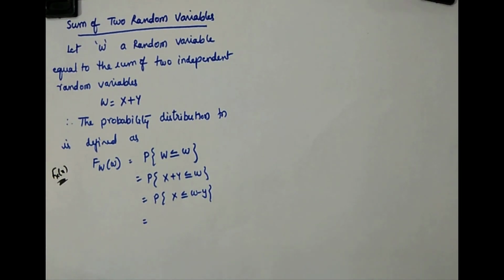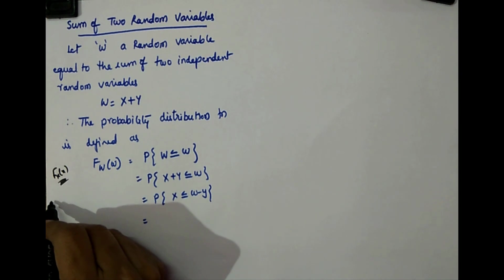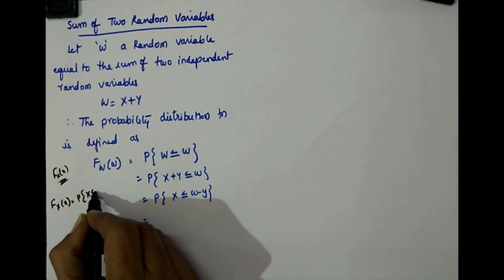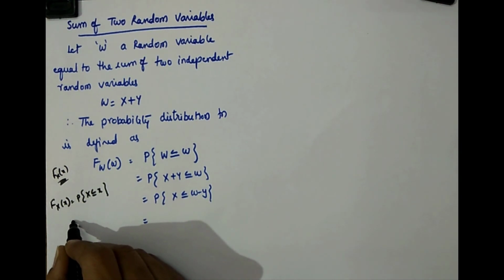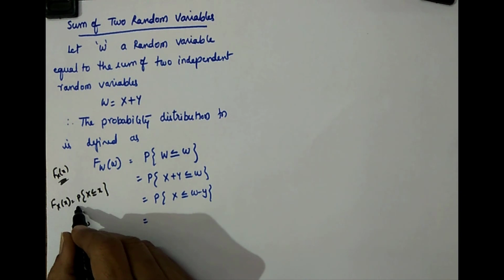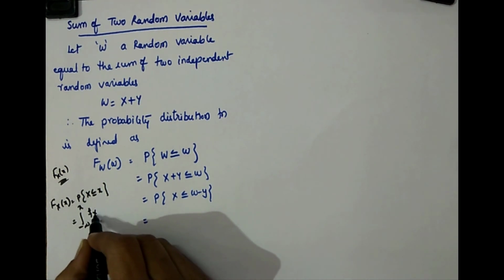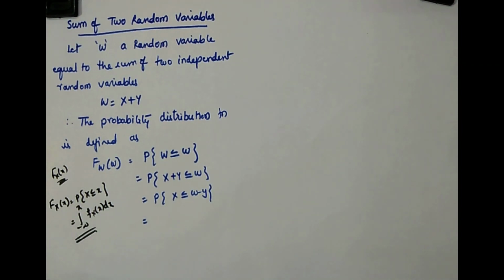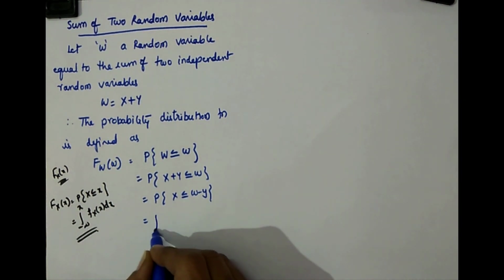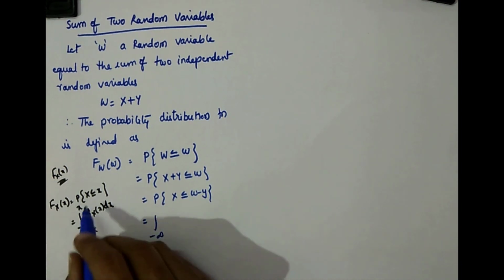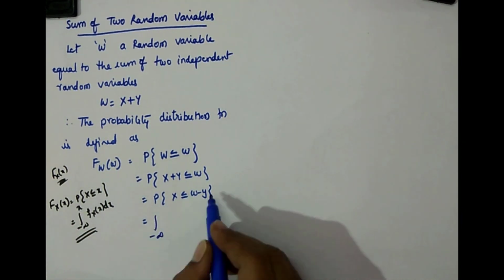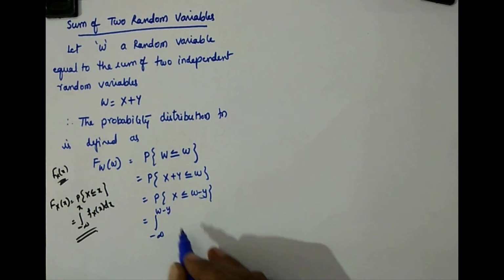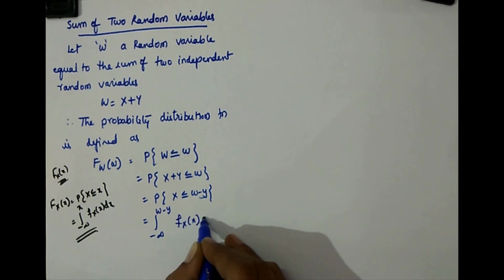So actually fx of x is p of x less than or equal to x, which is the integral from minus infinity to x of fx of x dx. Here the term is W minus y, so the limits are minus infinity to W minus y, fx of x dx.